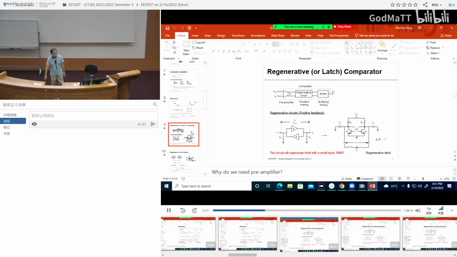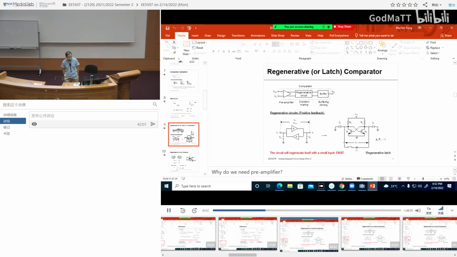Very soon you come to the conclusion that you need to burn more power to make the op-amp comparator faster. But that may not be a good idea, because the professor said I cannot increase the power too much.